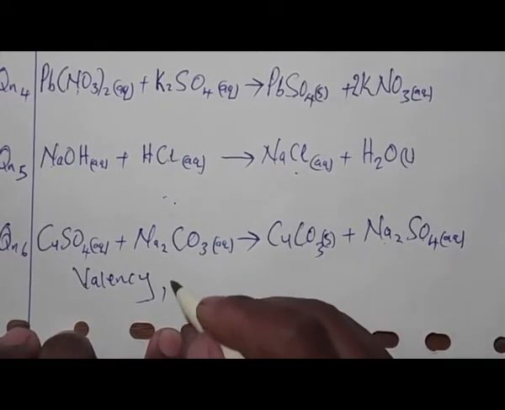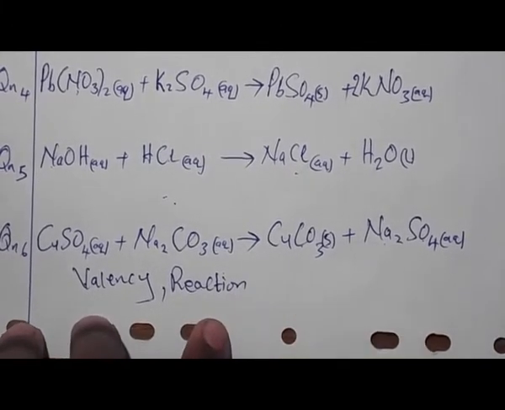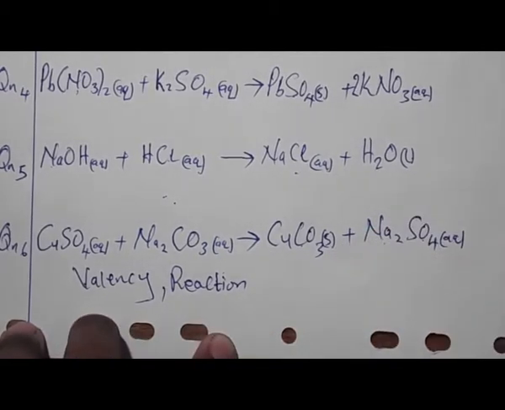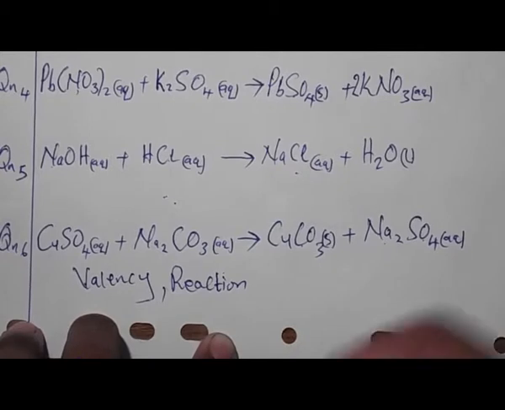You have to make sure that you understand when an acid reacts with a metal carbonate, what are the products? When you have 2 reactants, when they react, what do they give? You must be able to tell all that.